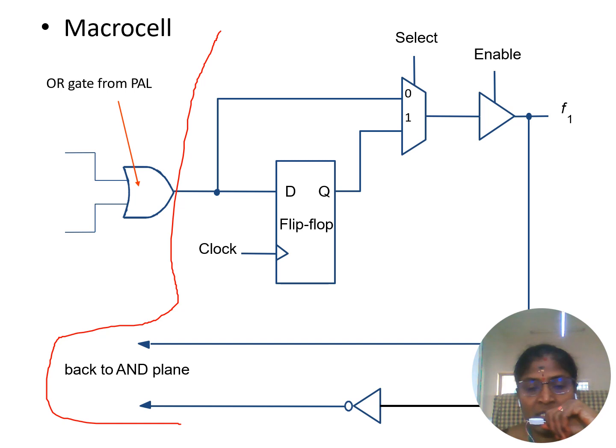This is connected back to the AND plane. So the macro cell consists of D flip-flop, 2 to 1 mux and the tri-state enable. The output of the macro cell is fed back to the AND plane. This is the macro cell architecture. Now the PAL architecture and the macro cell are combined.